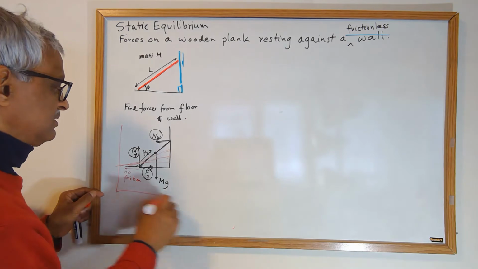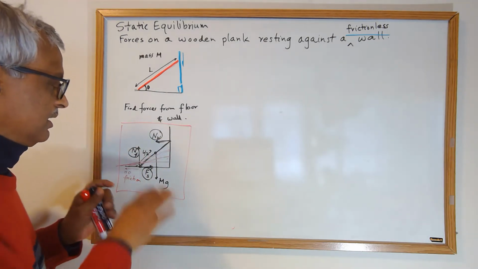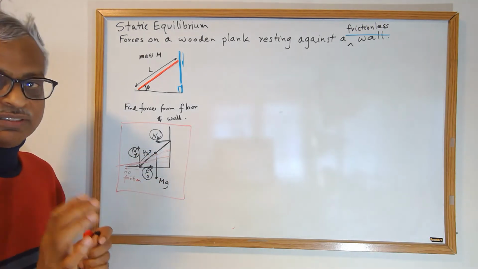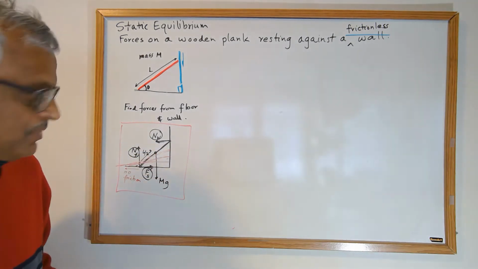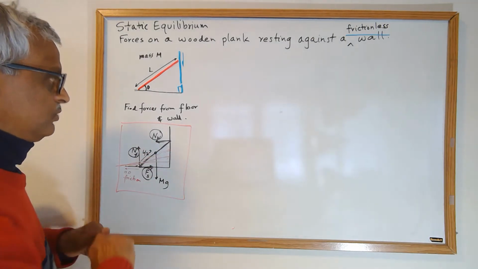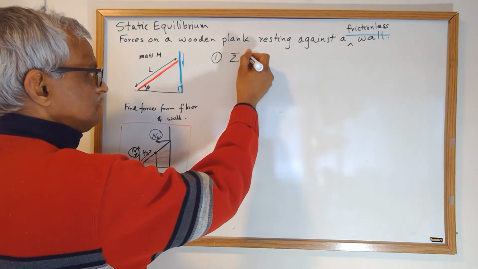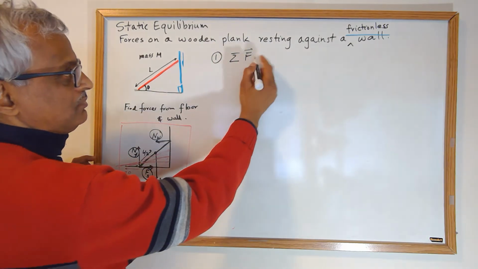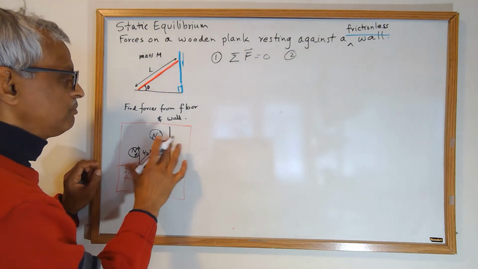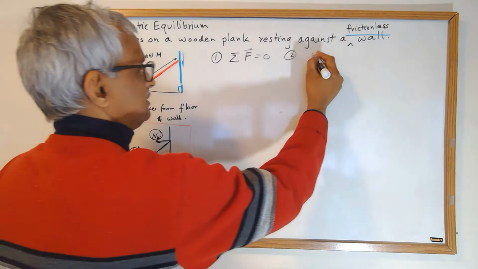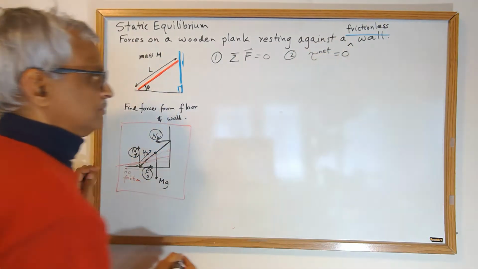Okay, so this is the force picture, and the center of mass has no acceleration, so we have two static conditions. One is that the sum of all the forces, the vector sum, is 0, and then the net torque about any point is 0.